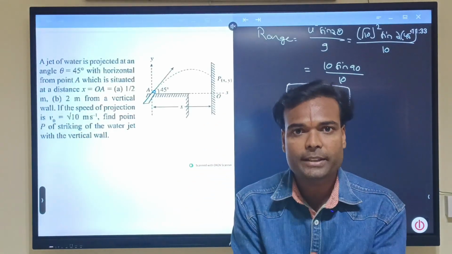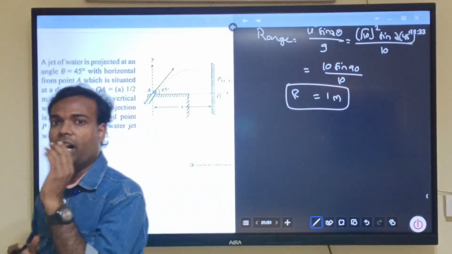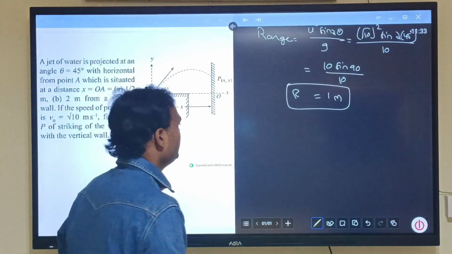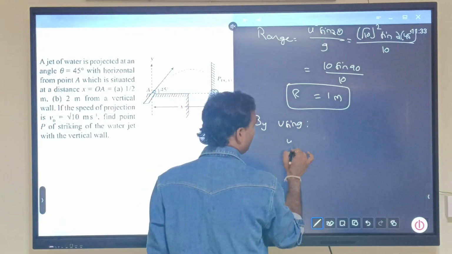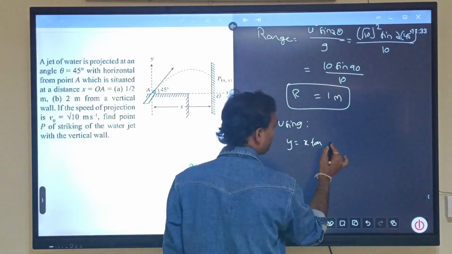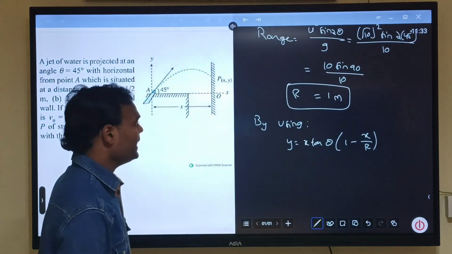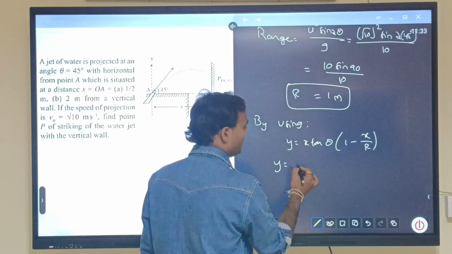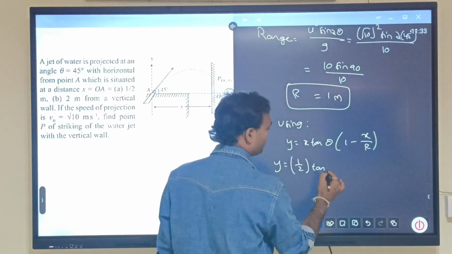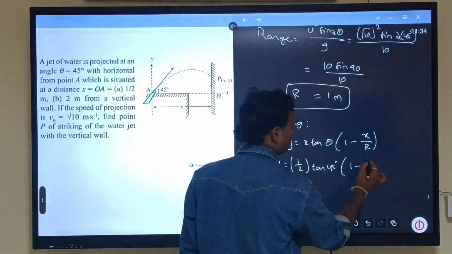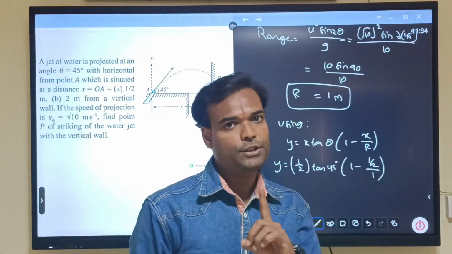Then the next point is we need to find, at x equal to 1 by 2 meter, what will be the y value? That means at what height of the wall the water will touch. Now see, by using y is equal to x tan theta into 1 minus x by R. Here the y value is what I am going to find, the x value is given as 1 by 2, tan 45, 1 minus 1 by 2, where the range R I just found is 1 meter.